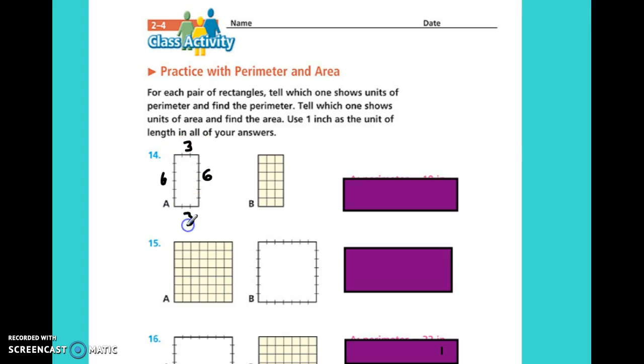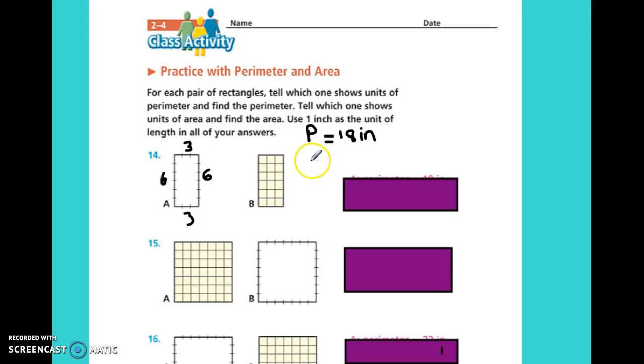And again, to find the perimeter, we're going to add all the way around. So 6 plus 3 is 9, plus 6 plus 3 again, so 9 plus 9 is 18 inches. We can reveal the answer here in a second. 18 inches is the perimeter. And I oftentimes like to label perimeter with a P. So I'll say P equals, the perimeter equals 18 inches.